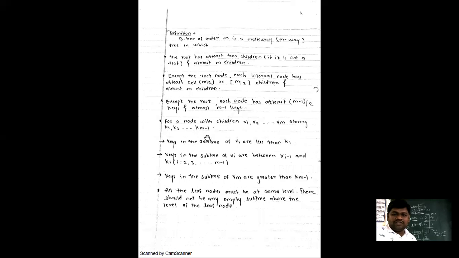Keys in the subtree of V1 are less than K1. V1 is the left child, and values of the left child are less than the K1 value. Here we are considering the incremental order.